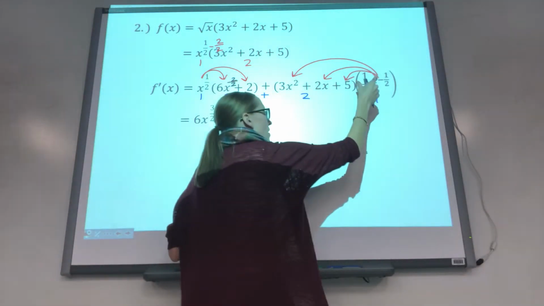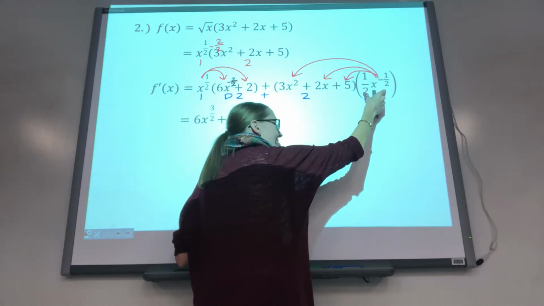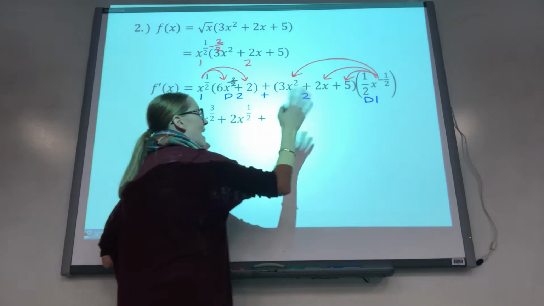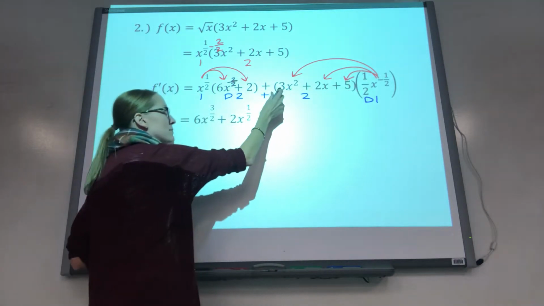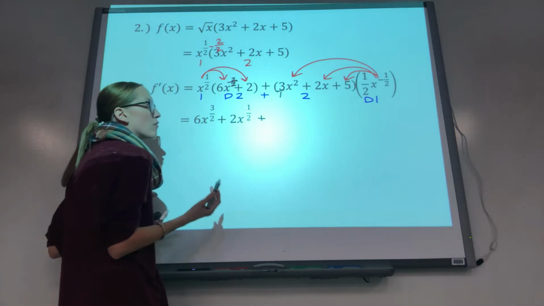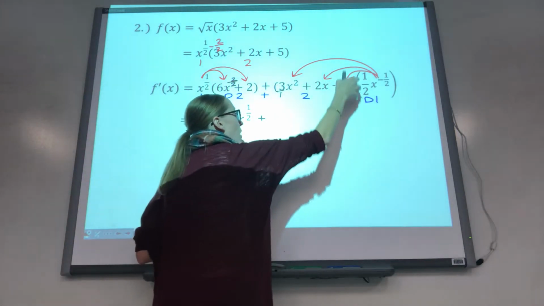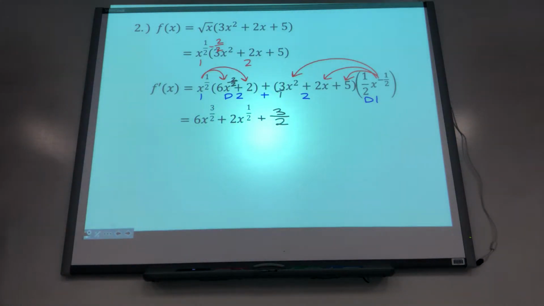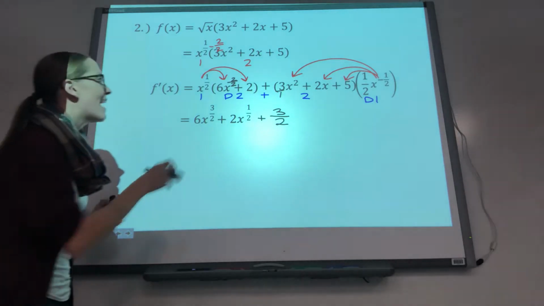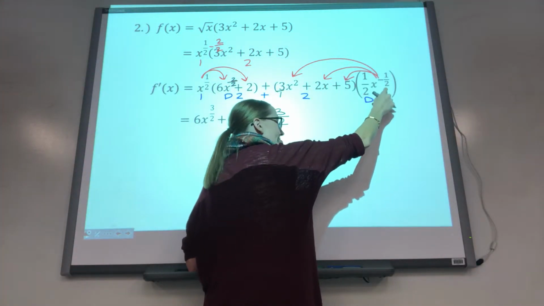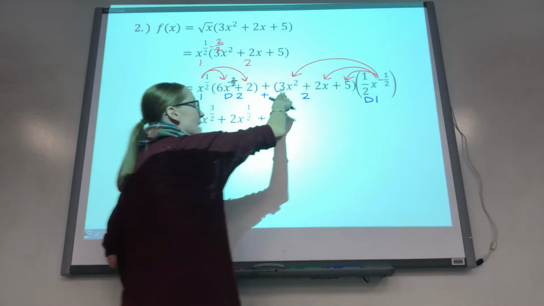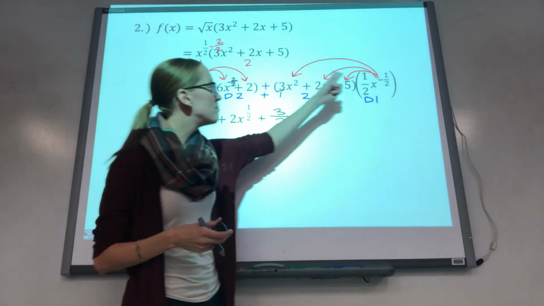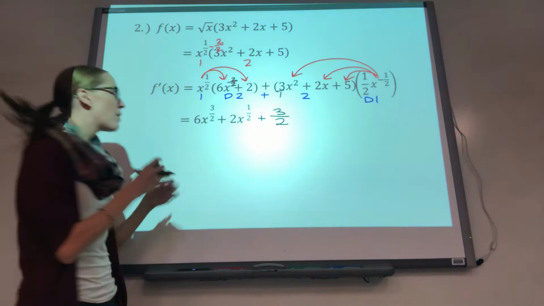I'm going to take 1/2 x to the negative 1/2 times 3x squared. Let's start there. Now, first of all, 1/2 times 3, you could put that 3/1 if you wanted to. So 1/2 times 3/1 would just end up being 3/2. Now I have to take x to the negative 1/2 times x squared. And again, anytime you multiply with the same base, you have to add your exponents.